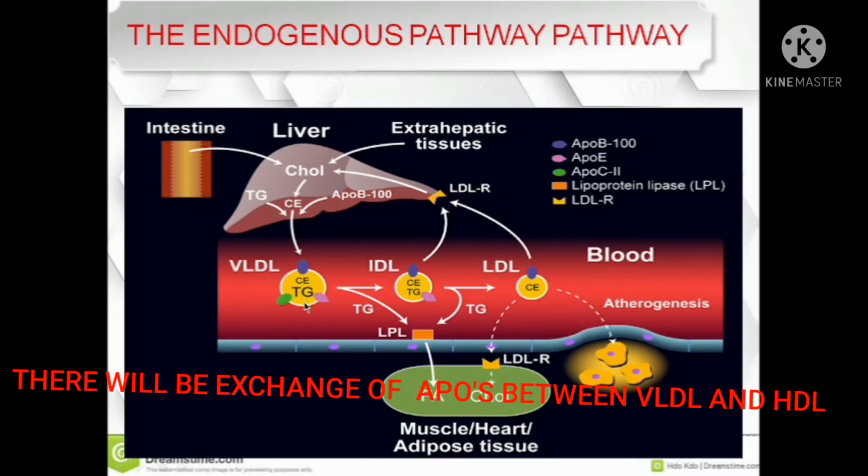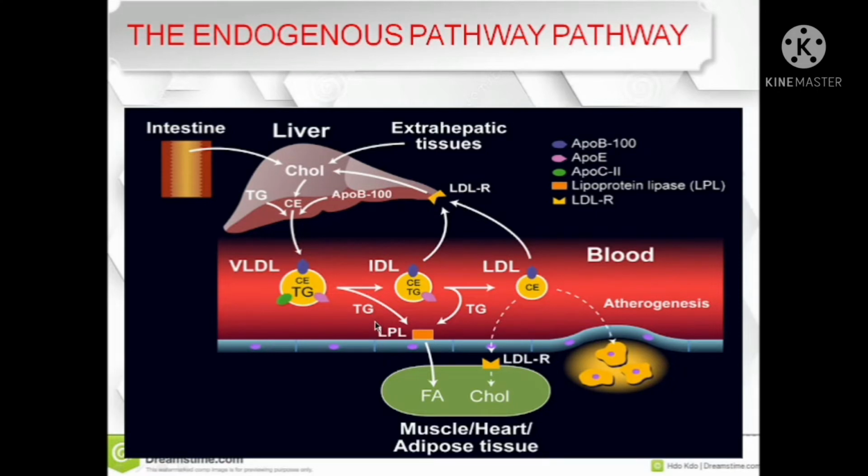When there is breakdown of triglyceride, like we spoke about earlier, we get free fatty acid and glycerol. The same process happens: the fatty acids are transported to the muscles and the tissues, and they will use it up.